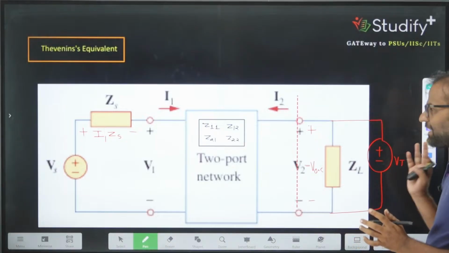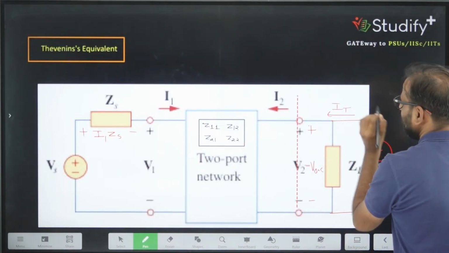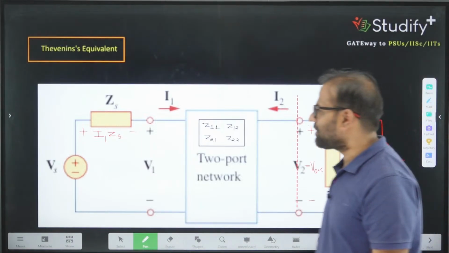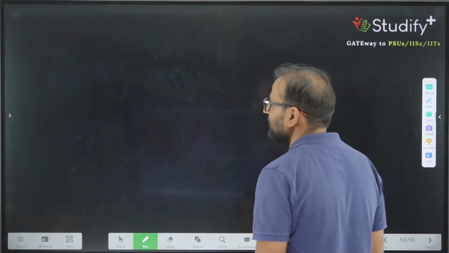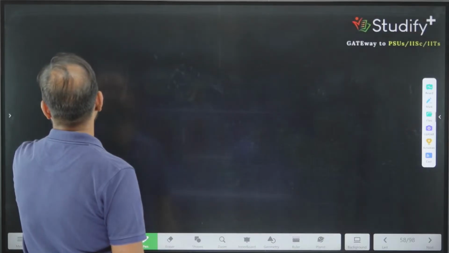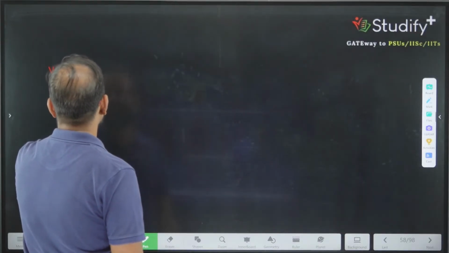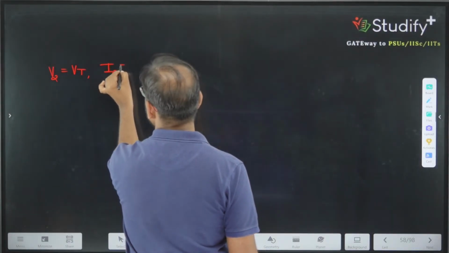This is a test source you are applying, and this will draw current I2. So I2 will be It. Correct? So for calculation of ZTH, V2 will be Vt, and I2 will be It.